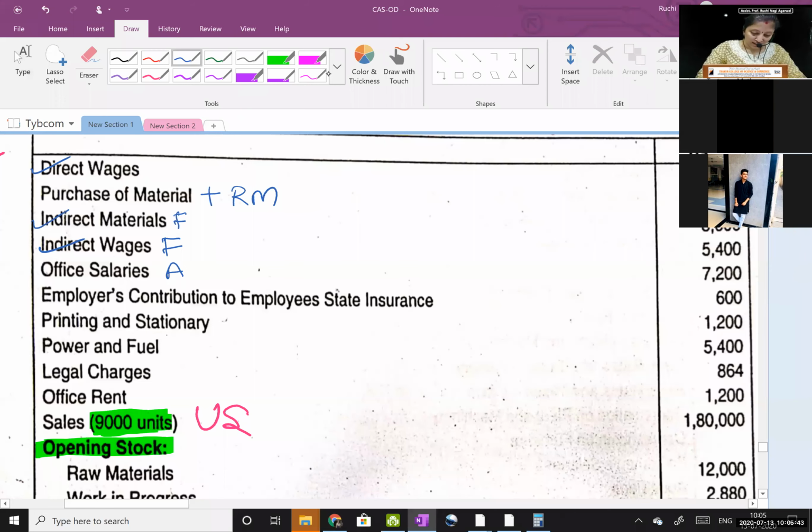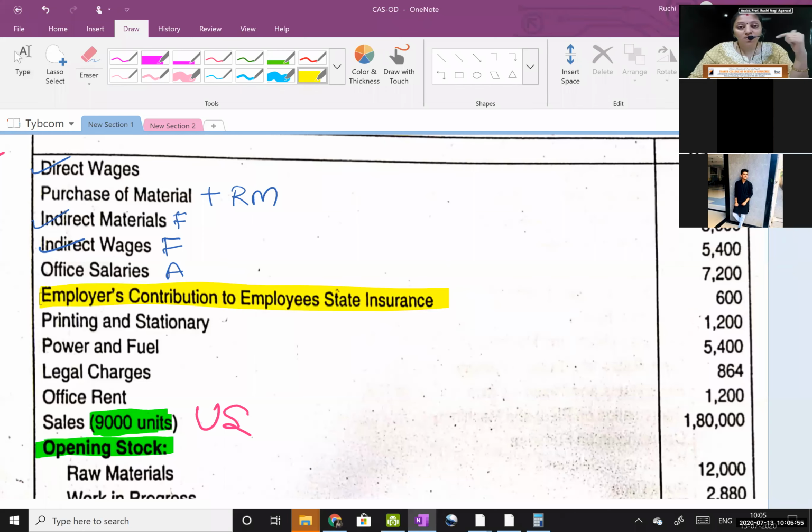And next is this. Now this is something new. Employer's contribution to employee state insurance. Now what is this? This is a contribution which is paid by the employer to his employees in the factory. Is that clear? So people who work in factories, for them there is nothing called provident fund.